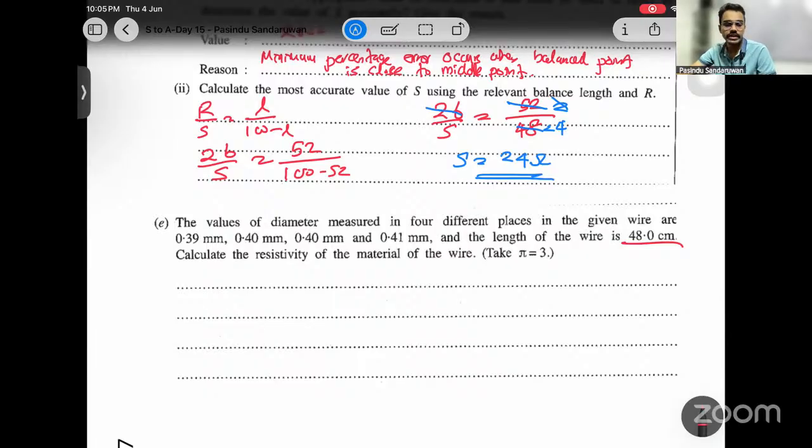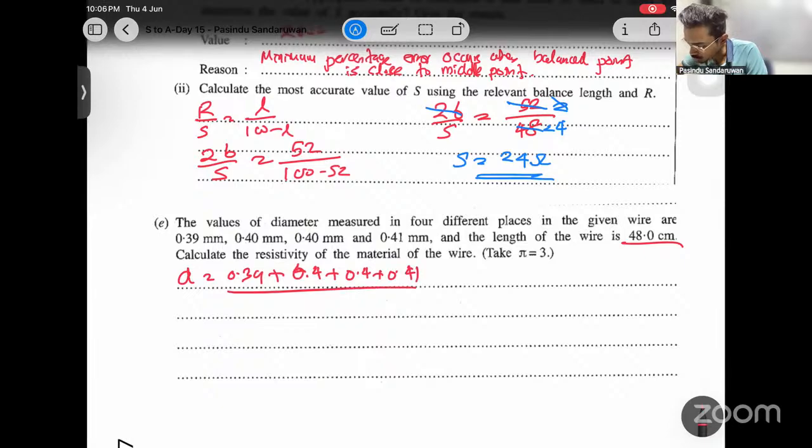For the diameter, we need the average. Average diameter is 0.39 plus 0.4 plus 0.4 plus 0.41, over 4. 0.39 and 0.41 average to 0.4, so the answer is 0.40 millimeters.